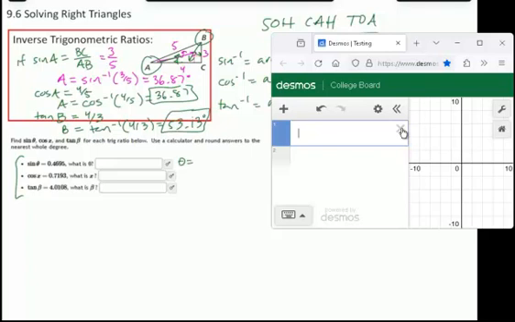To find theta, you're taking the inverse sine of that ratio or decimal. To find x, you're taking the inverse cosine of that decimal, that ratio. And to find theta, you're taking the inverse tan of that ratio.